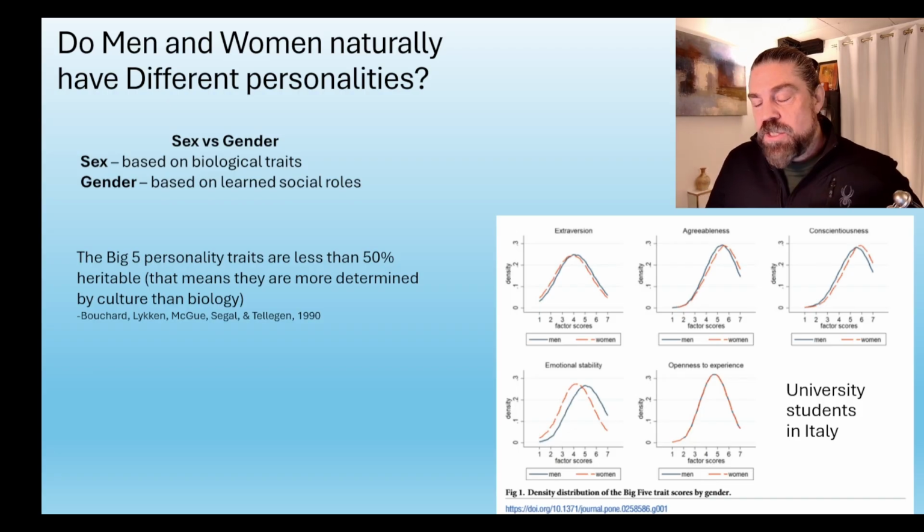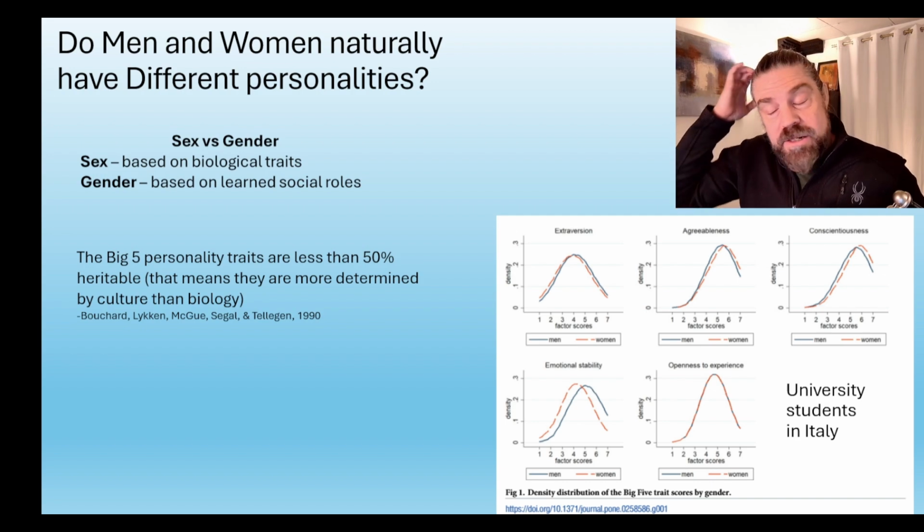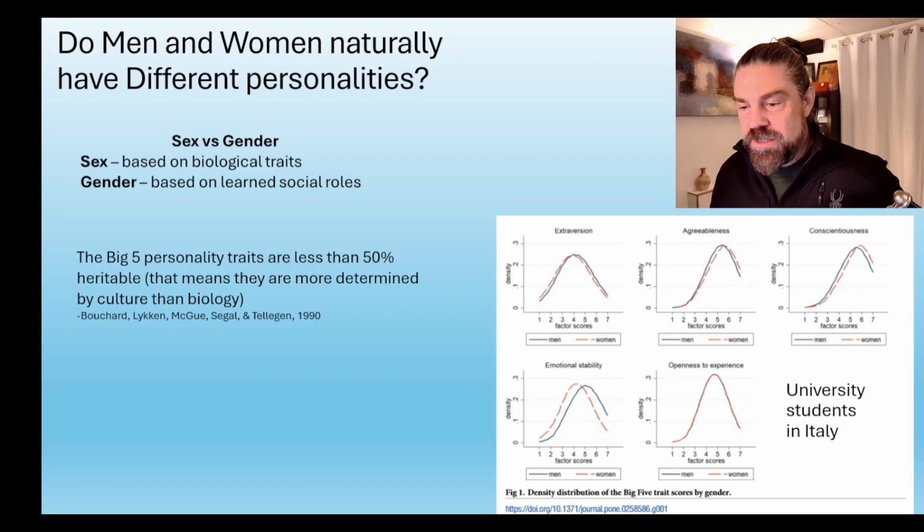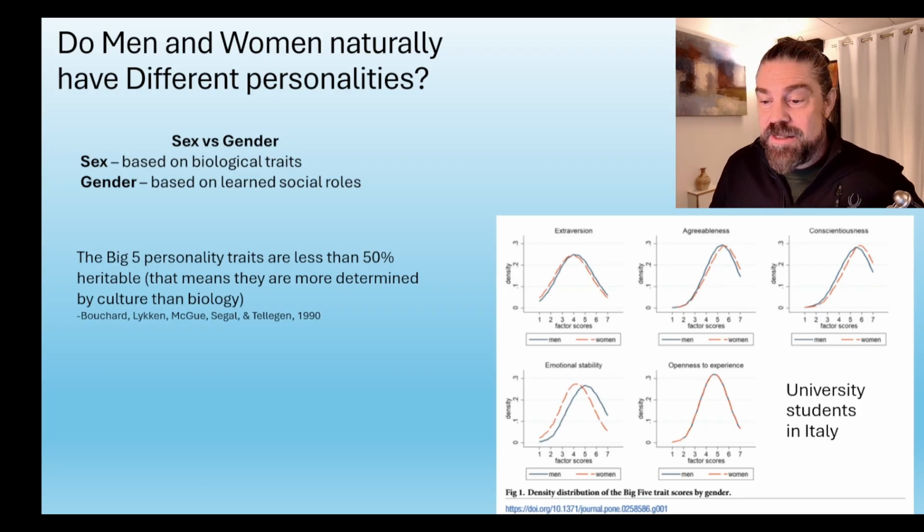Emotional stability is the one in which the lines are most far apart. Women seem to rank lower in emotional stability, although in other studies that I don't have here, that difference appears only in certain countries and not in other countries. So there's a really strong indication that this is a cultural or institutional difference.